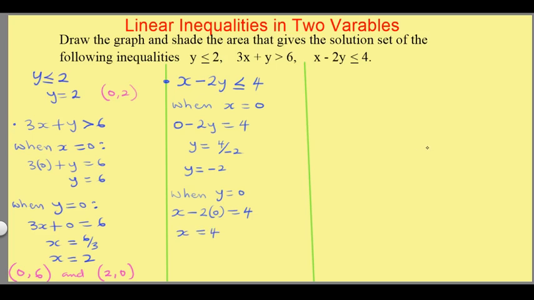So for this, we've also gotten 2 points, which are point (0, -2) and point (4, 0). Now that we've gotten the points to plot, we can now bring in the graph.